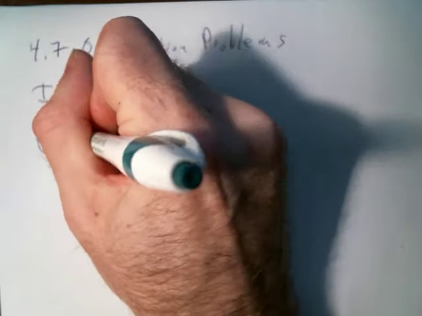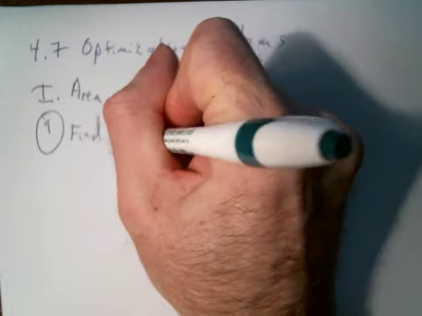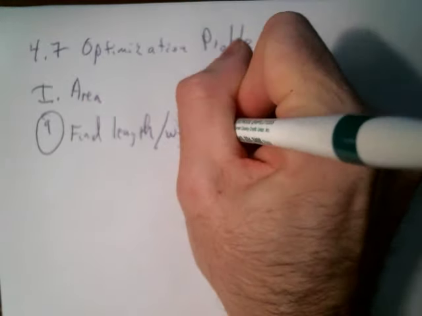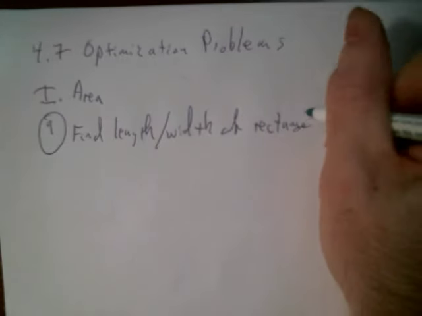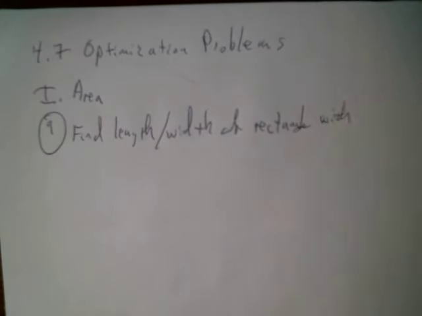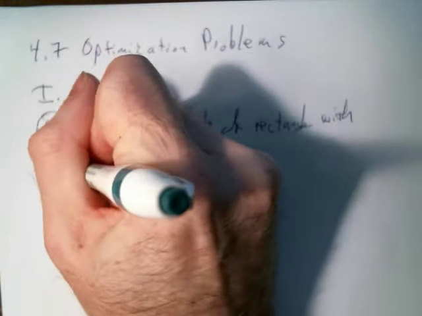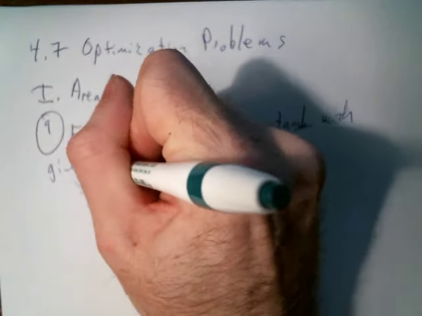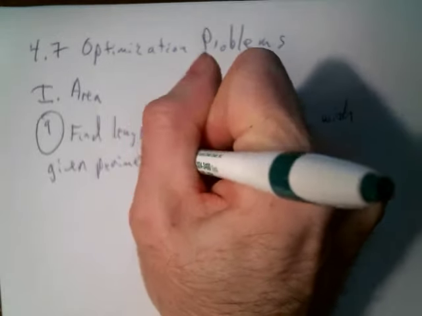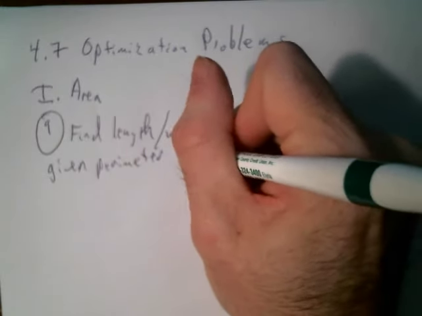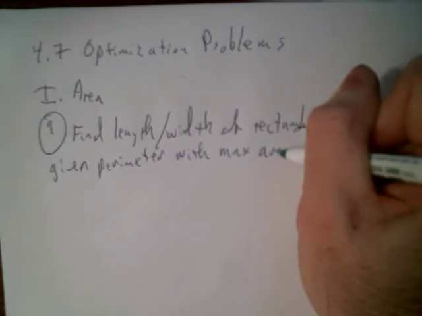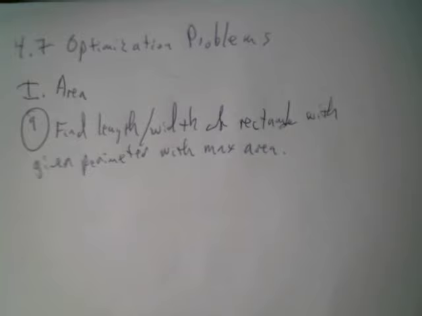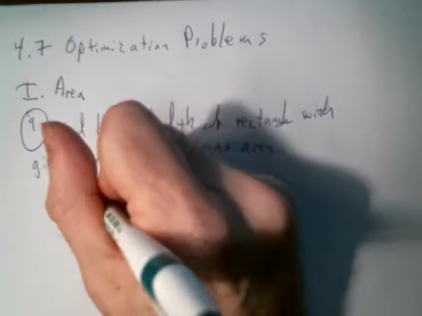So find length, width of rectangle with given perimeter with maximum area. The book is giving you the perimeter is 80 meters.